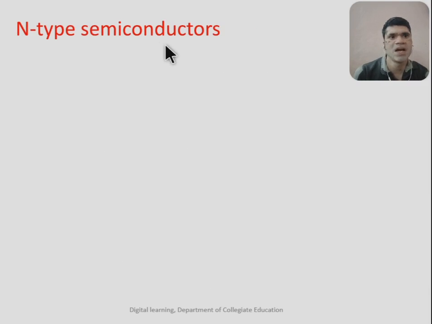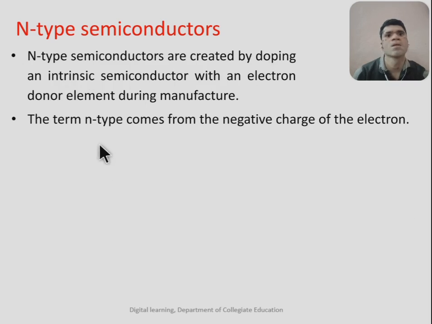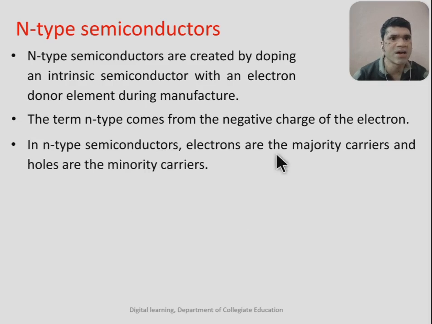So next we will move to N-type semiconductors. N-type semiconductors are created by doping an intrinsic semiconductor with an electron donor element during manufacture. So here an electron donor element is doped into the pure semiconductor. The term N comes from the negative charge of the electron. In an N-type semiconductor, electrons are majority carriers and holes are minority carriers.